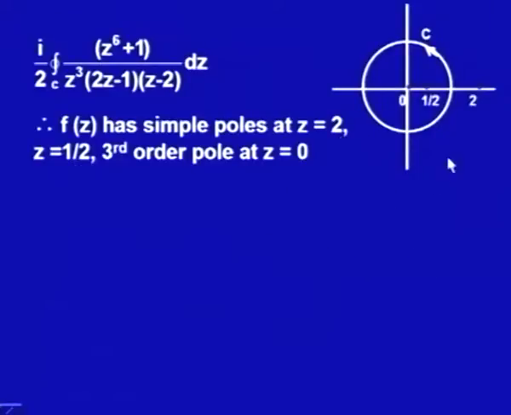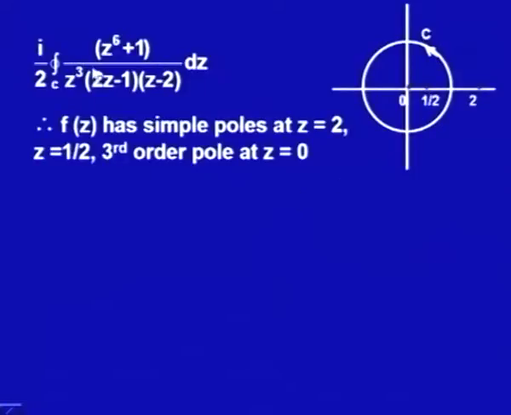Out of these, in our contour, the unit circle, 0 would be inside, half would of course be inside, but 2 would be outside the unit circle. So, this contour is having 2 isolated singularities inside.